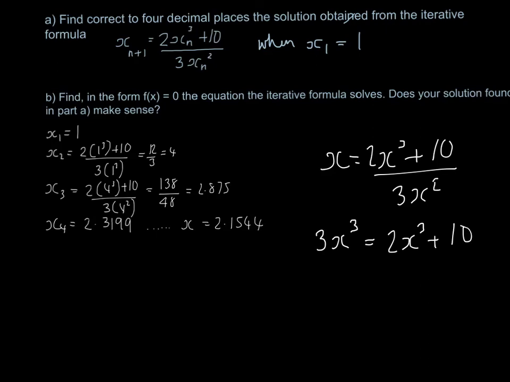Taking the 2x cubed to the other side, we've got x cubed equals 10. So what we're actually doing in the first part is solving the equation x cubed equals 10. We didn't really know we were doing that. So does it make sense? So what is the cube root of 10? Yep, it is 2.1544 to 4 decimal places, so that does make sense.